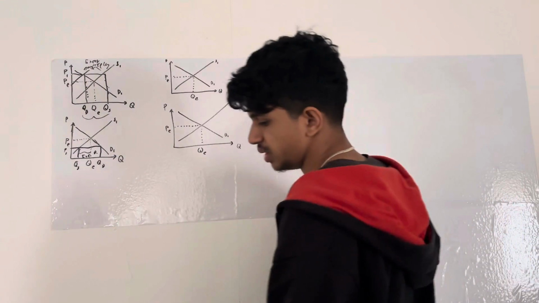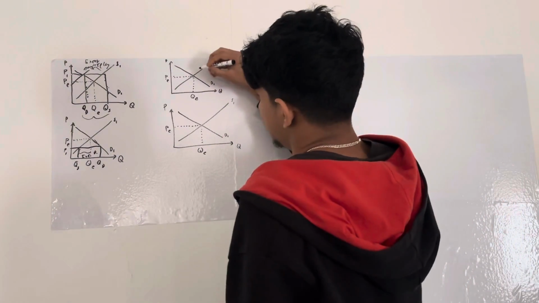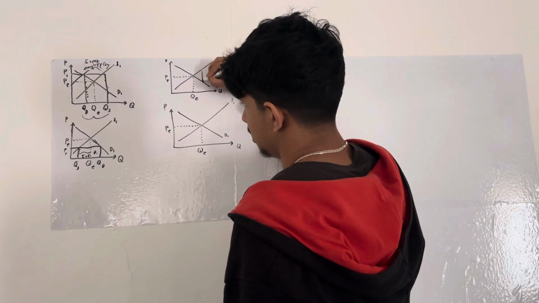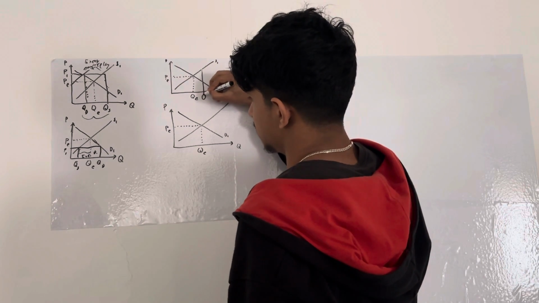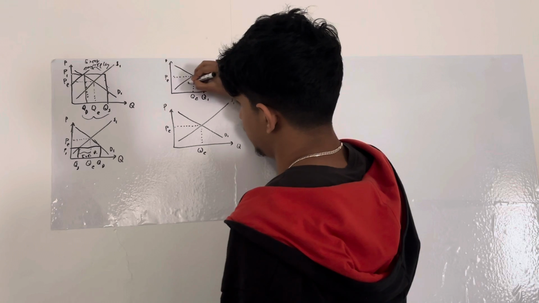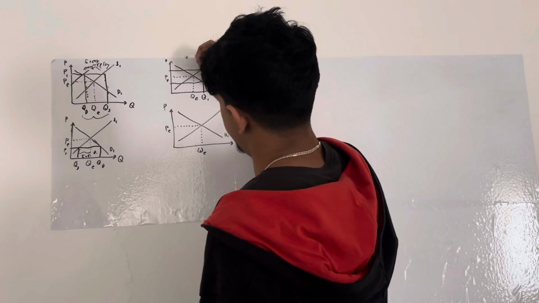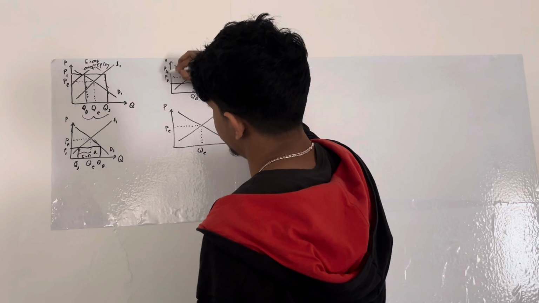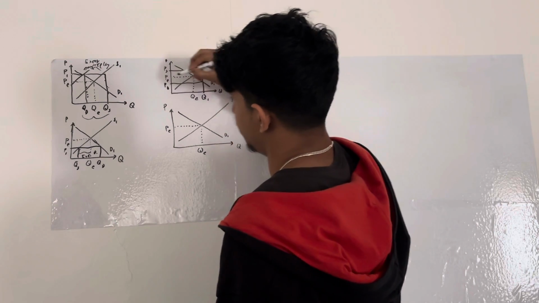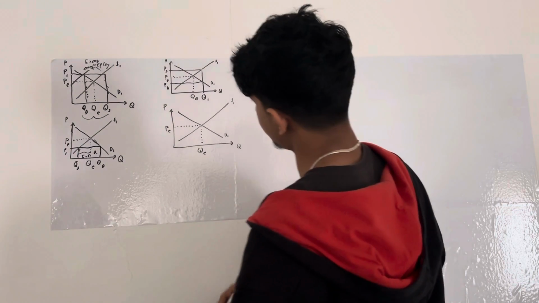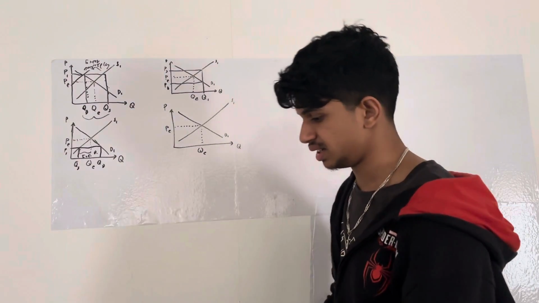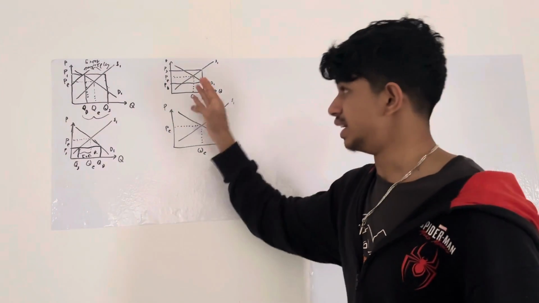Now, here is a weird example. This is a restriction in the quantity, not the price. Usually it doesn't happen, but sometimes it does. And this explanation is a little bit fishy, so I'm going to try to simplify it the best I can. Now, this is an increase in the restriction.